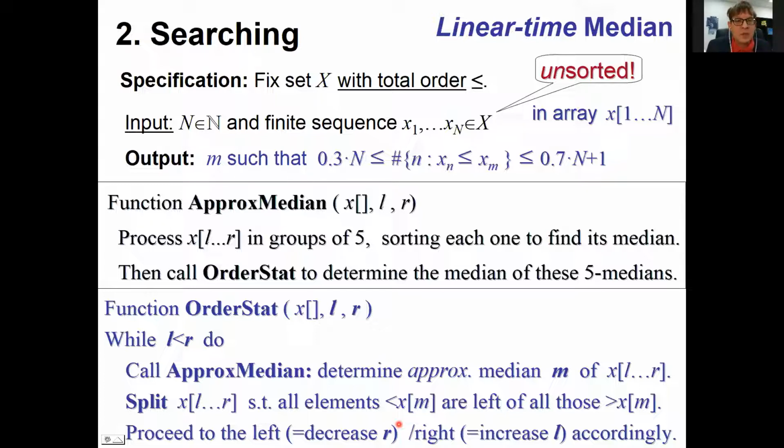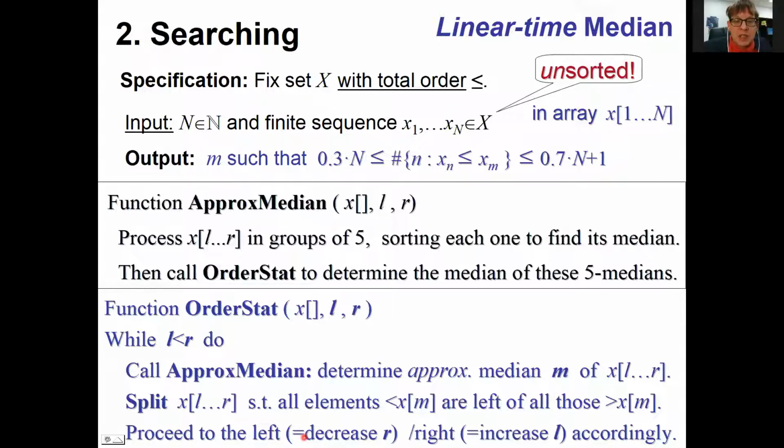Or more generally, if the number of elements that are in the left part is greater than k, the kth order statistic is located in the left part. And if the number of elements in the left part is smaller than k, then that means that the kth order statistic is located in the right part. So, and this is what happens here.